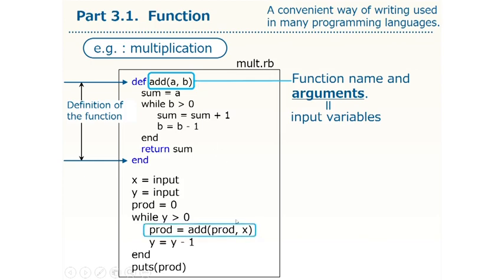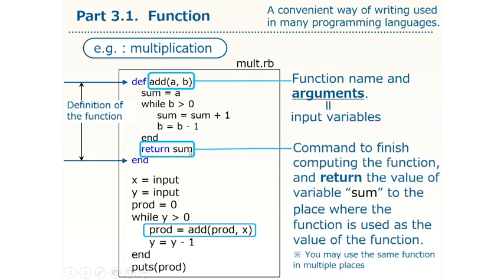For example, here, if we write add(prod, x) like this, the value of prod and the value of x are stored in a and b, respectively, and the computation stated here is executed. As we have studied, these are statements for computing the addition, the computation that this function is supposed to do.